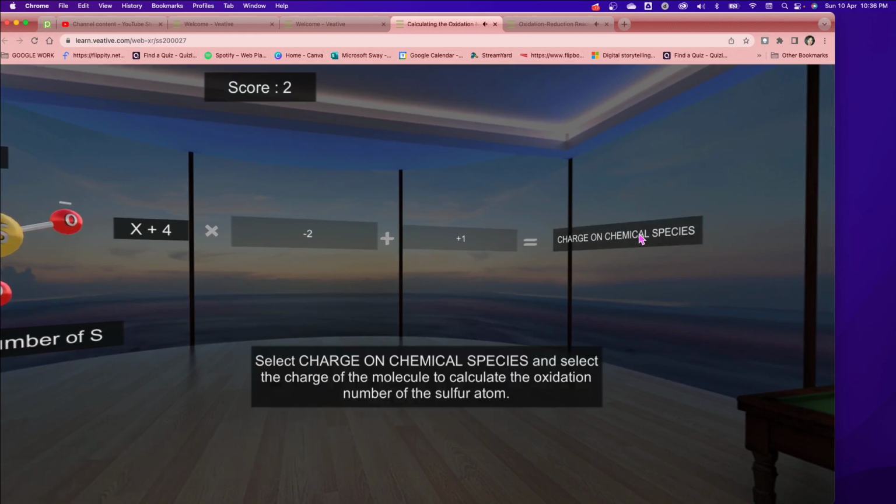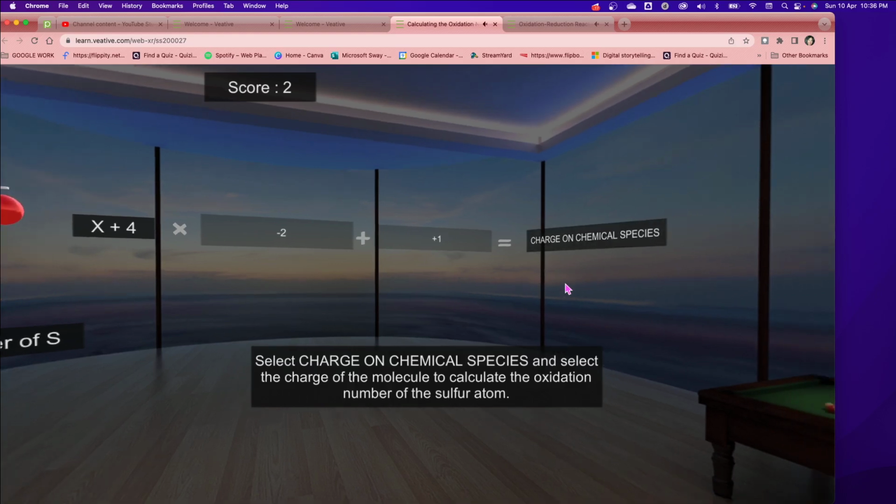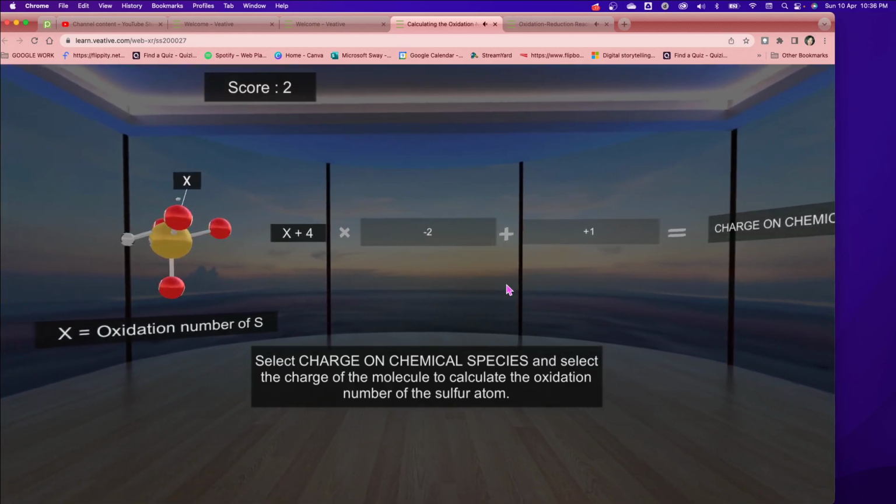Select charge on chemical species and select the charge of the molecule to calculate the oxidation number of the sulfur atom.